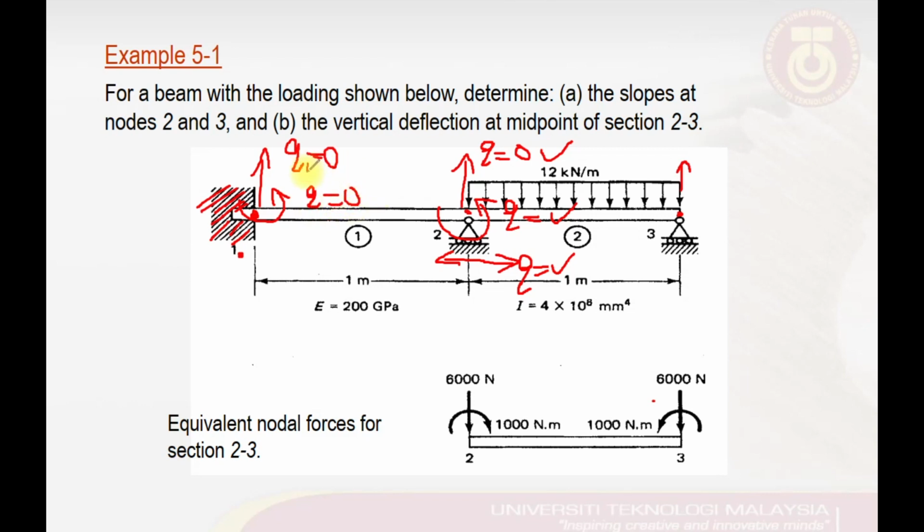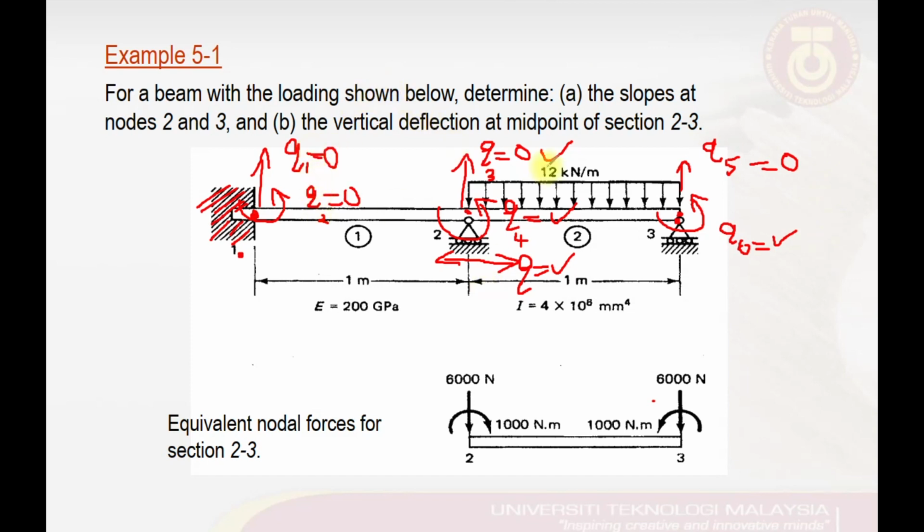So if I put the index, I have index 1, 2, Q3, Q4, Q5, which again, we have the pin roller, and this is equal to 0, and then we expect, due to the pin support here, Q6 will have some value as well.